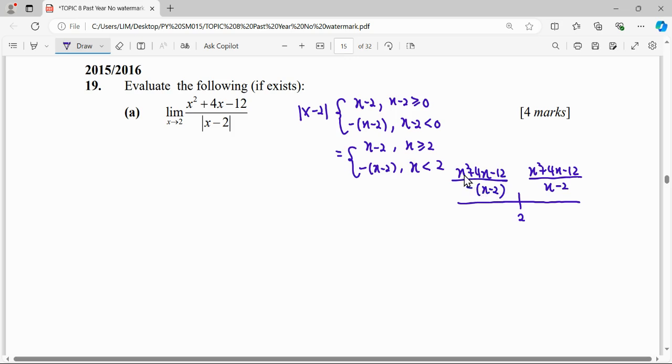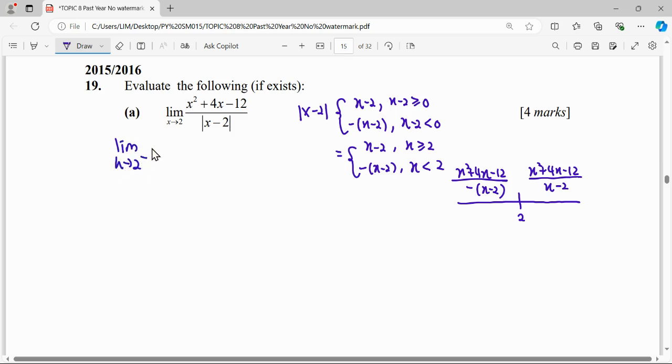Back to the question, it asks us to find the limit of this function as it approaches 2. When it approaches 2, we notice the left-hand side function and right-hand side function are different. Therefore, to find this limit, we need to find it from the left-hand side and the right-hand side. First, the left-hand side.